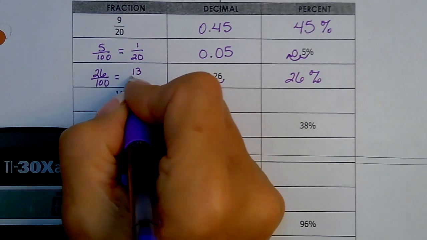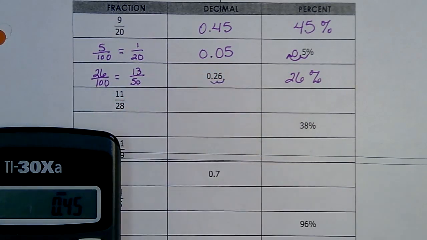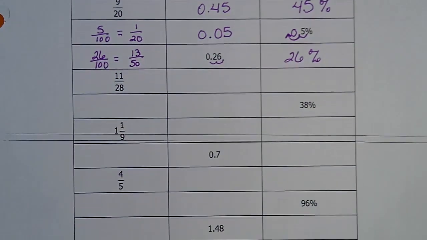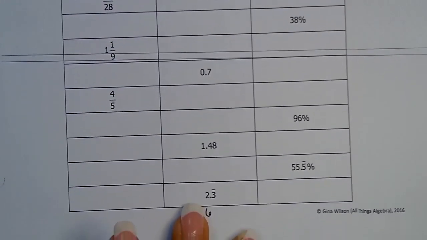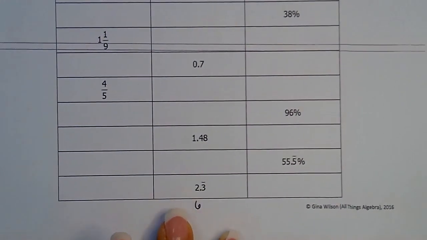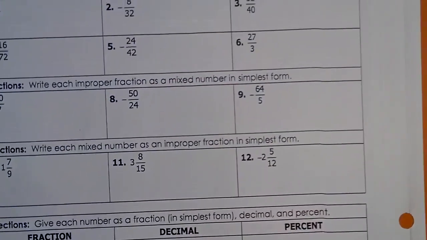So in simplest form, it would be 13/50. So you are going to finish the rest of this page, and then you're going to work on homework 2.